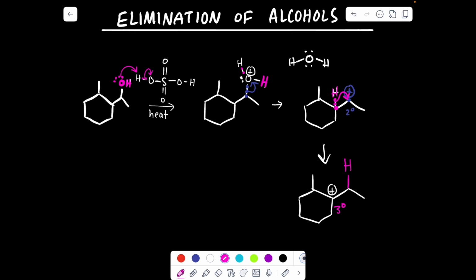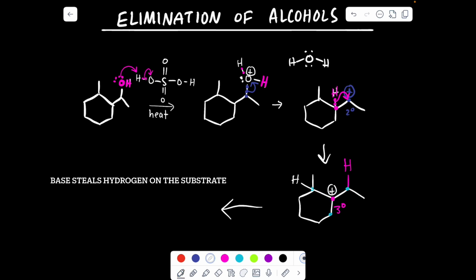This is way better, way more stable because there's 3 alkyl groups that can donate electrons to this carbon, acting as electron throwers, stabilizing that positive charge. So what happens next in the final step is a hydrogen is going to be stolen because this is still an elimination reaction. So a hydrogen can be stolen from a carbon that is 1 carbon away from this cationic carbon. Who is it going to be stolen from?